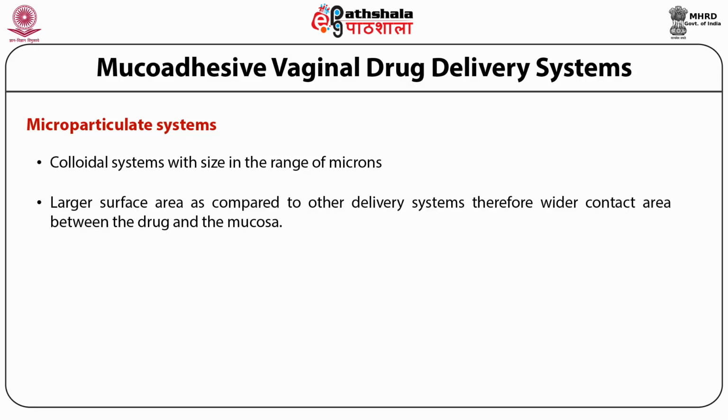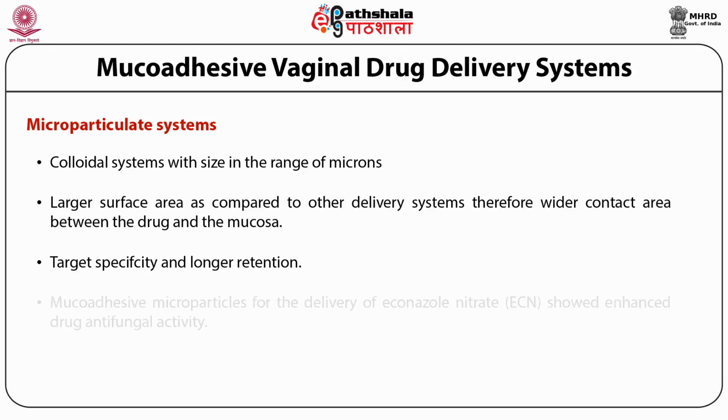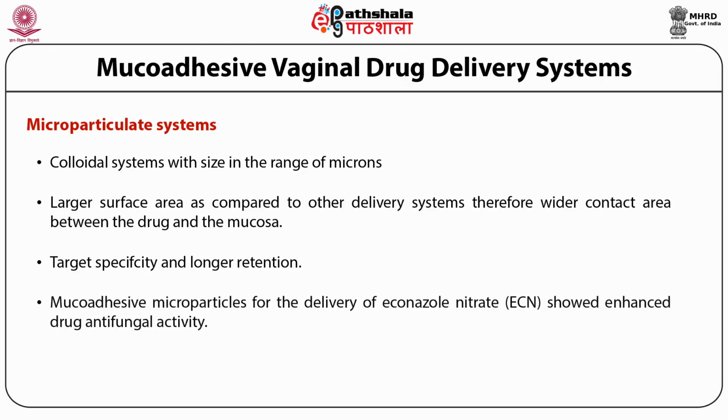They have target specificity and primarily have a longer retention time. Mucoadhesive microparticulates for the delivery of econazole nitrate showed enhanced antifungal activity. The mucoadhesive polymers which primarily affected the system were chitosan, sodium CMC, and poloxamers.